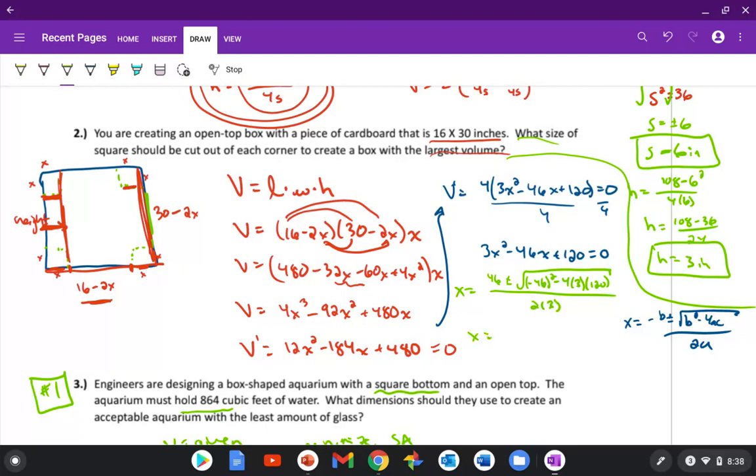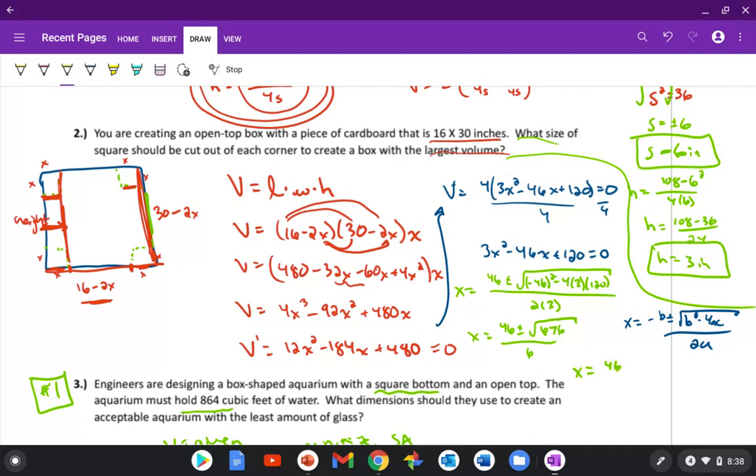Let's reduce that. Inside the parentheses there, negative 46 squared minus 4 times 3 times 120. We get 46 plus or minus the square root of 676 over 6. And the square root of 676 is actually 26.